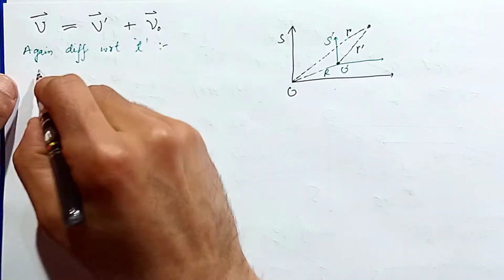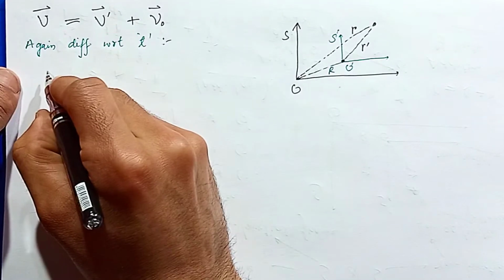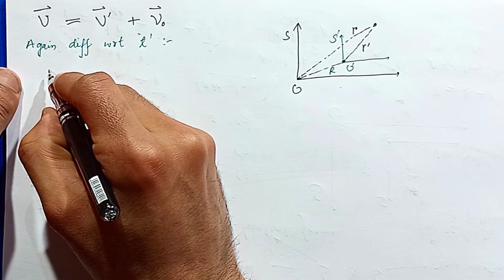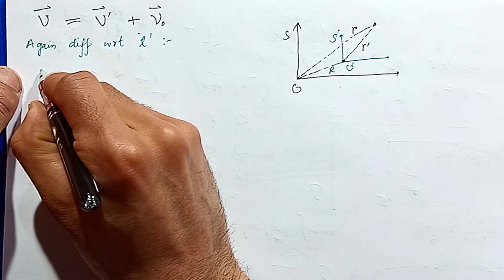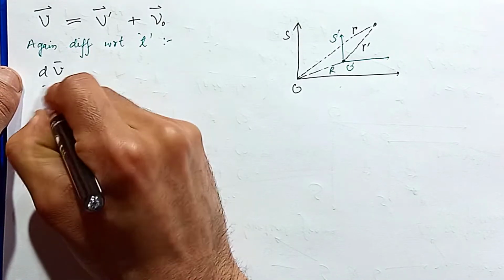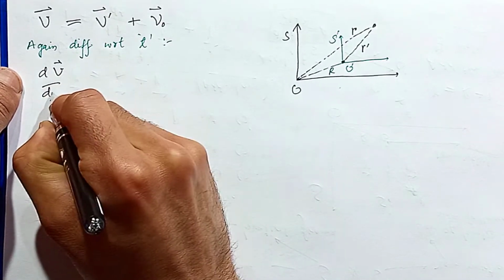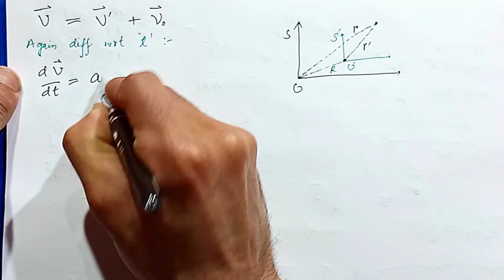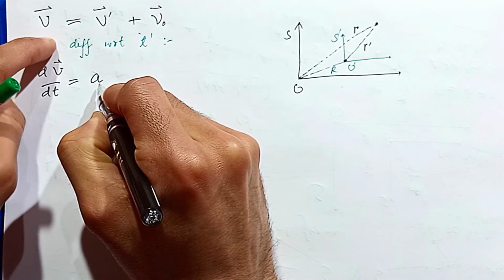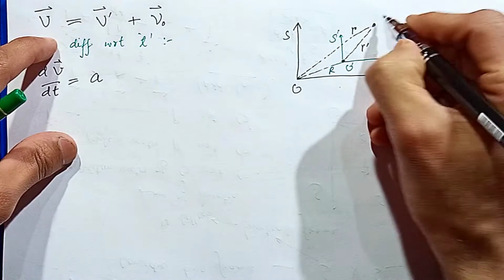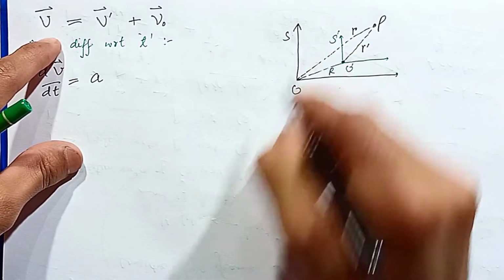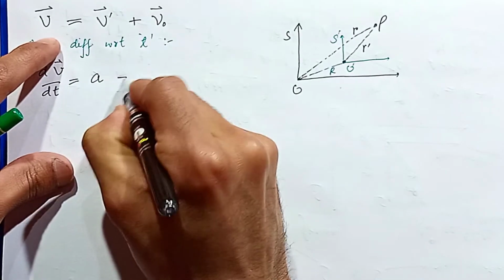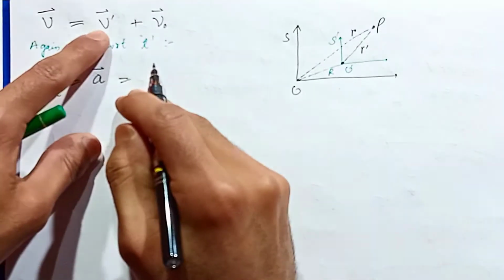So we get the double differentiation of r, that is r double dot, the acceleration, that is dv by dt. This is the acceleration of this particle P with respect to the frame of reference S, equal to the acceleration from v prime.